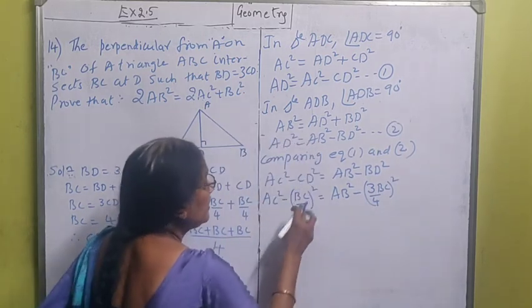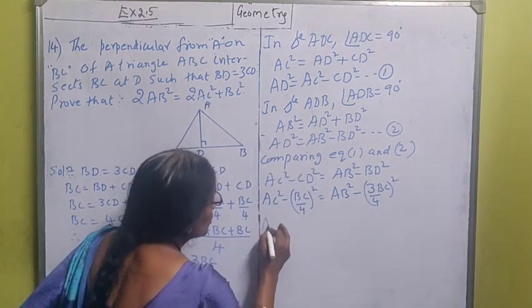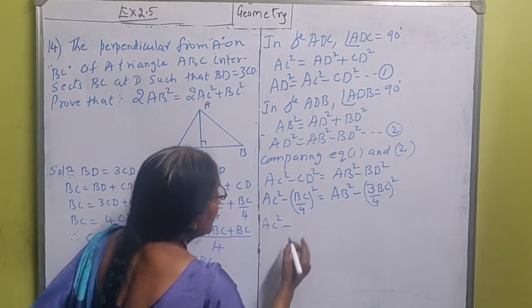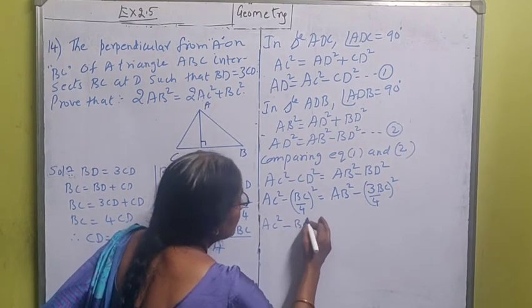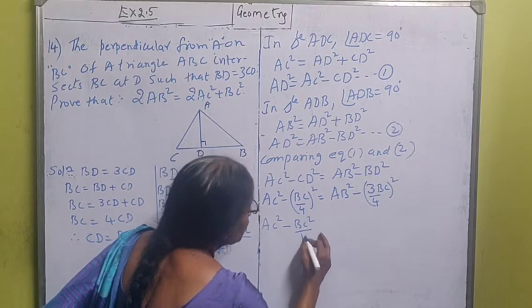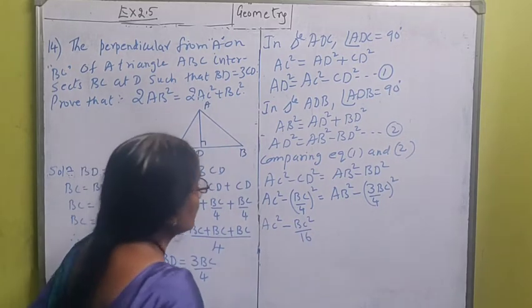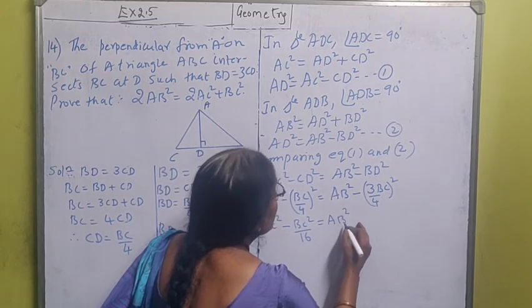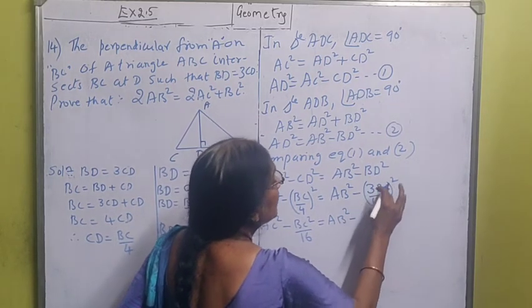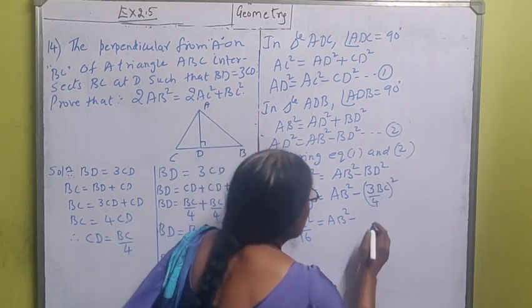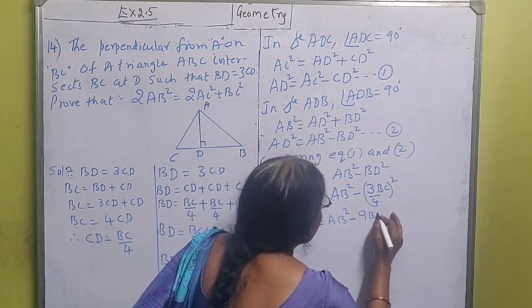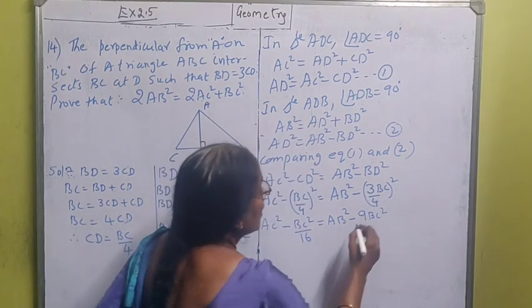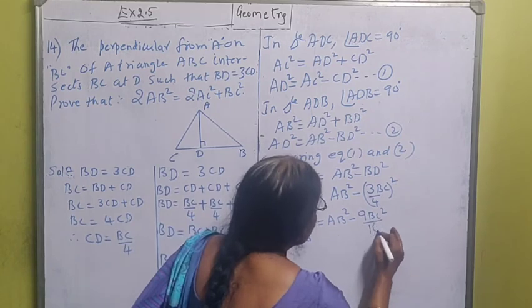So I have to square BC and also square 4. AC square minus BC square by 16 is equal to AB square minus 9BC square by 16.